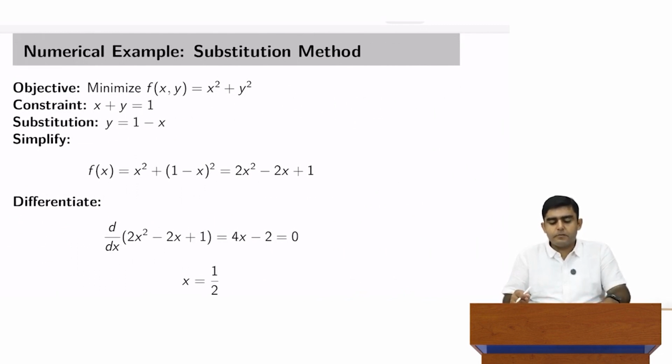One very simple example is that we have to minimize a function x square plus y square. If you recall, x square plus y square equal to a square resembles a circle.